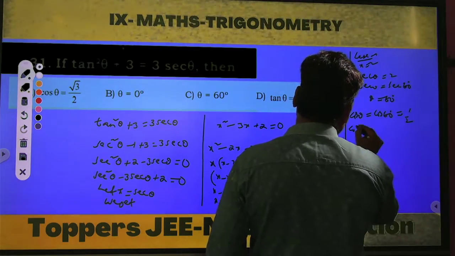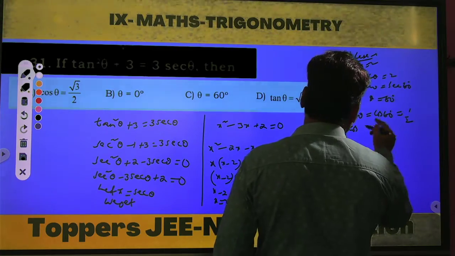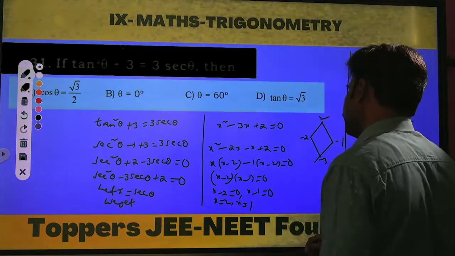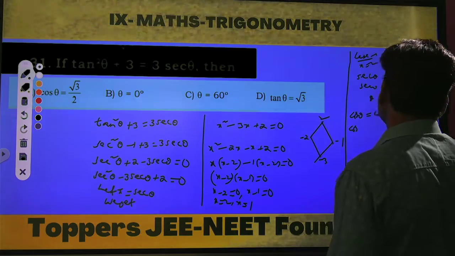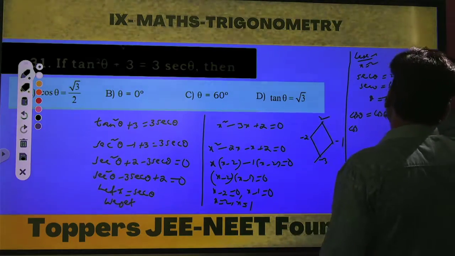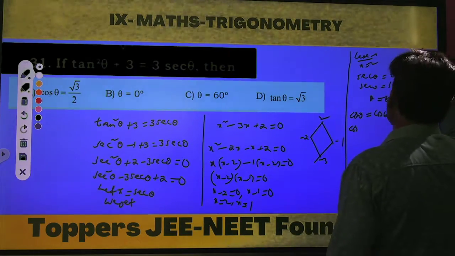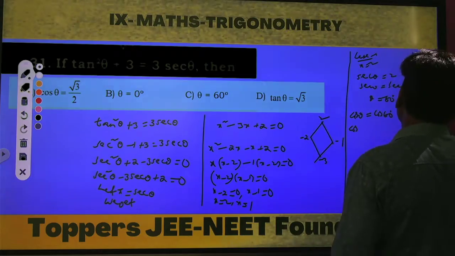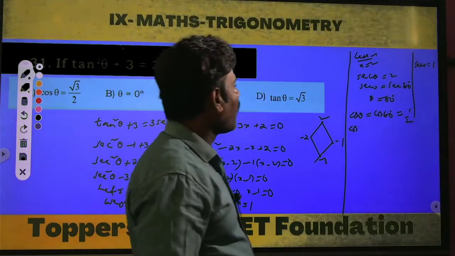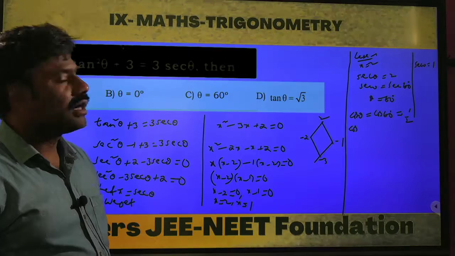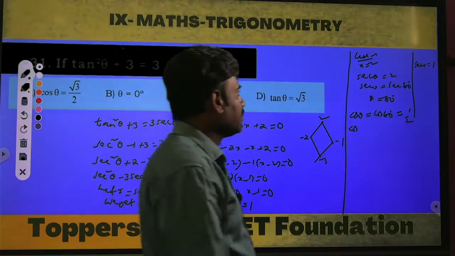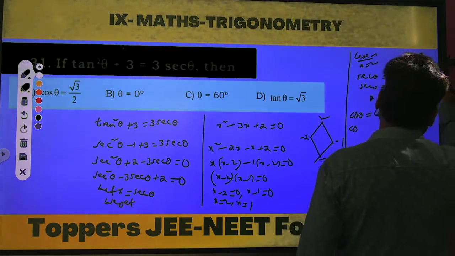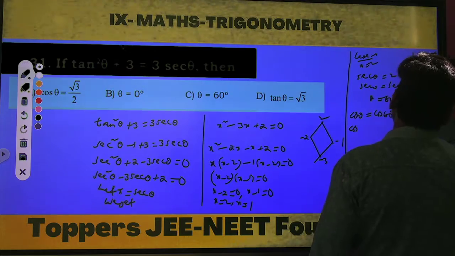Next, theta is equal to 0 degrees. Secant theta is equal to 1 if we get cos 0 degrees is equal to 1, means secant 0 degrees also 1.